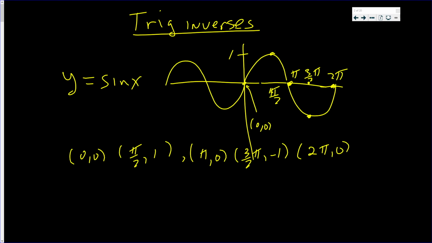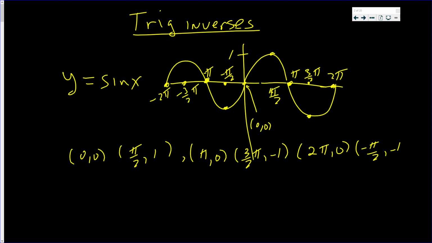And this point, let's see, that's negative pi. This is -1/2 pi, -1.5 pi, and then finally -2 pi. So this point here, the x value is -pi/2. The y value is down here, it's -1.